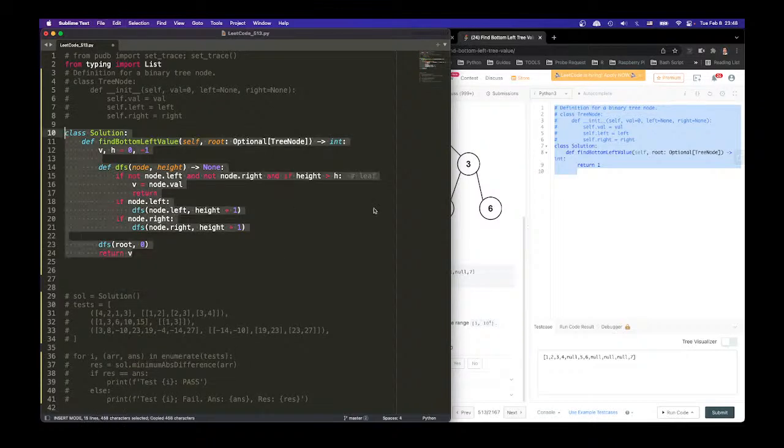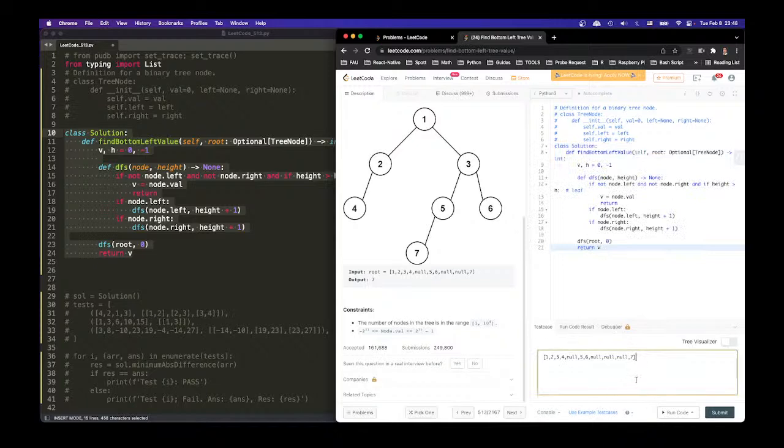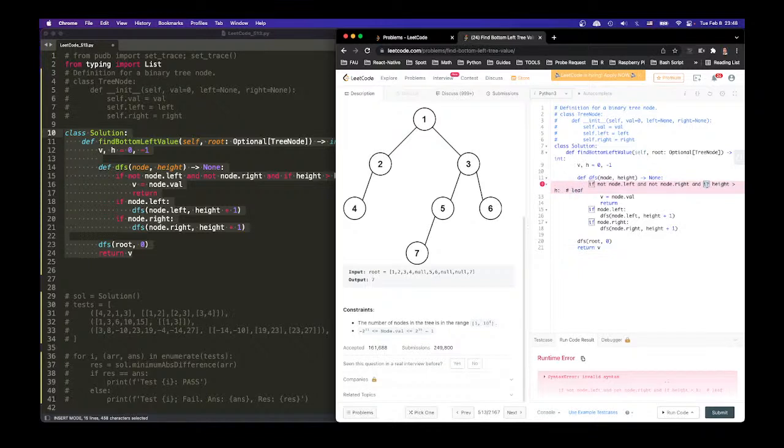We can run a test case. Okay, so this is one of our test cases. I run this. Syntax error. Oh, there's no F. My bad.